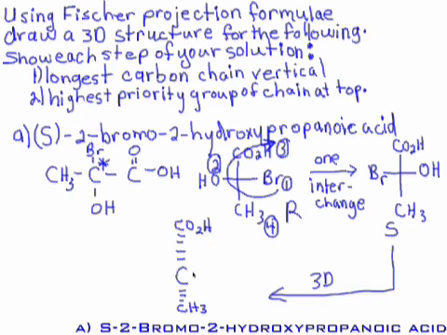And then I put in my wedges. And I end up with a Br on the left and an OH on the right. And there's the proper 3D molecule and solution to the three-dimensional structure of S-2-bromo-2-hydroxypropanoic acid.